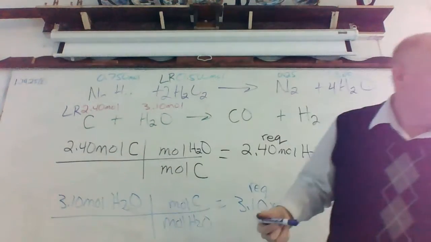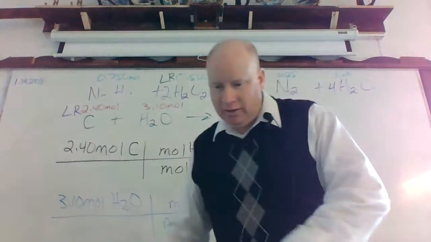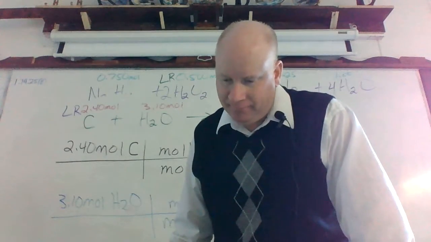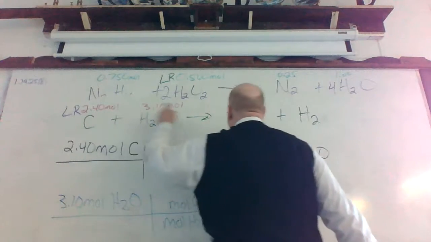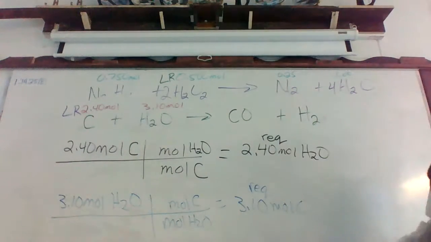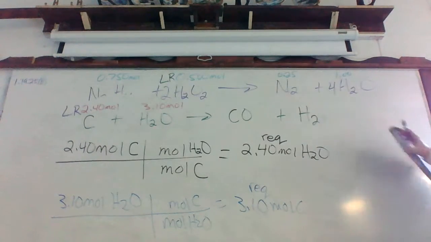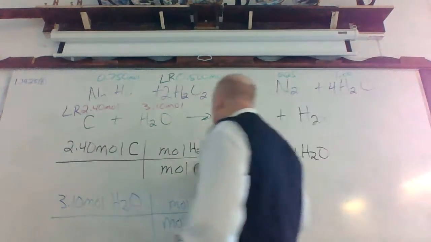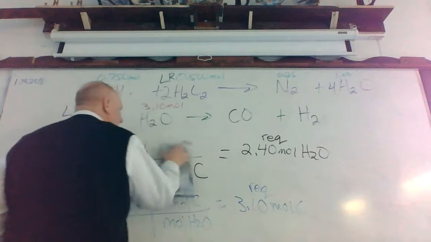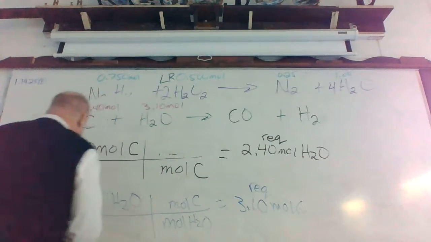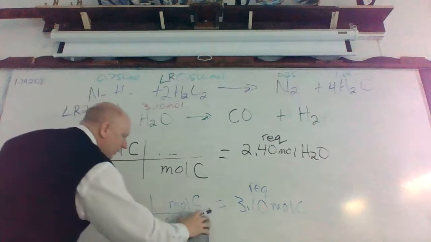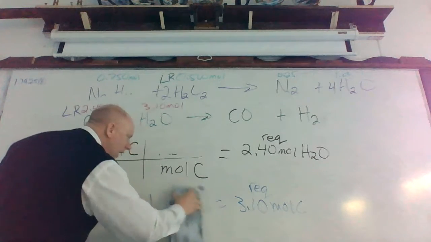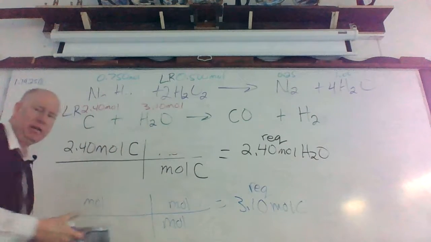Okay, so as we look at this then, since we're starting with 2.4 moles and nothing's changing, 2.4 times 1 is just 2.4. So one way to look at that would be saying this here. Remember, we're starting with what we have, not with what we need. I don't know why I erased that.